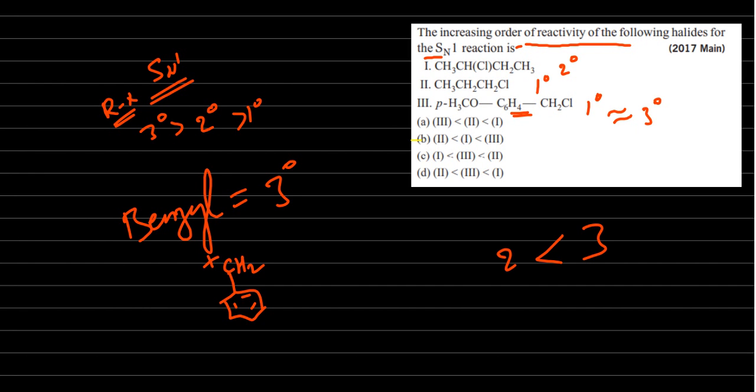So this is the first compound, least second, 213. B is your answer. Because it is the benzyl primary, but it is nothing but the tertiary. Here the secondary is the primary.